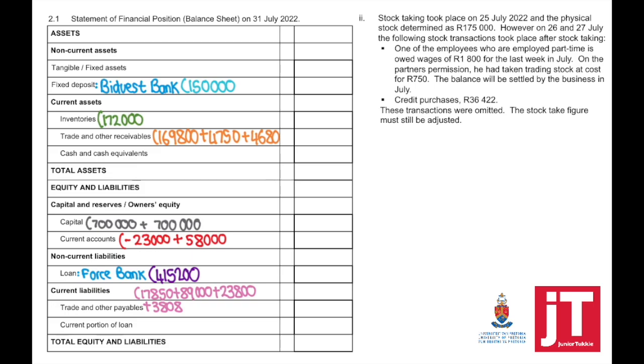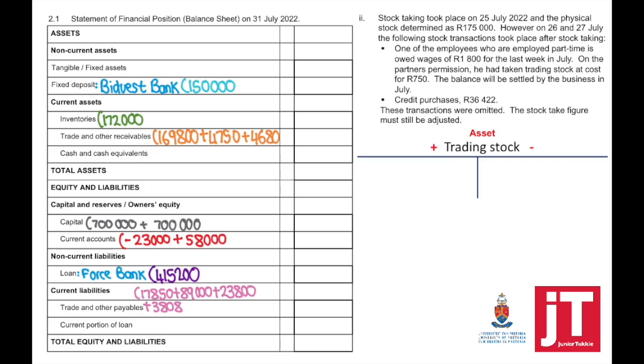On the partner's permission, he had taken trading stock at cost for 750. The balance will be settled by the business in July. Credit purchases, 36,422. These transactions were omitted, the stock take figure must still be adjusted.